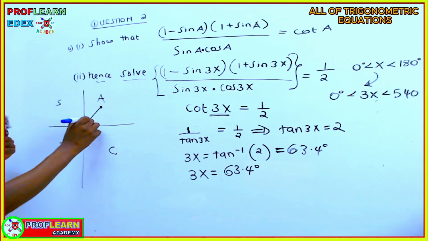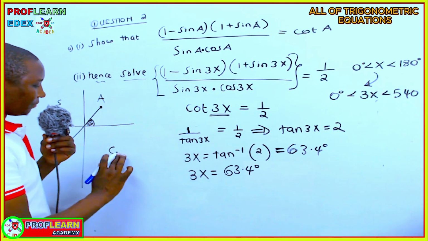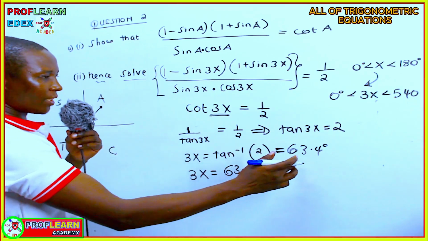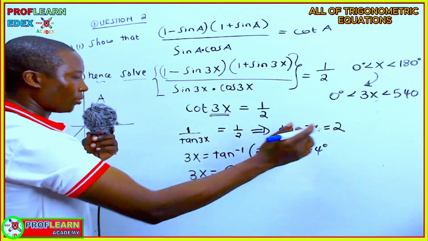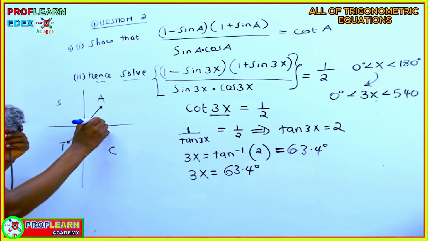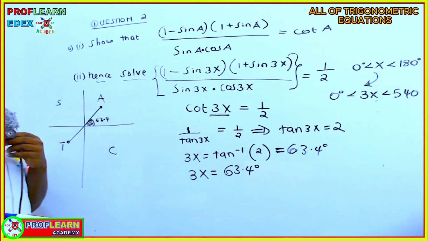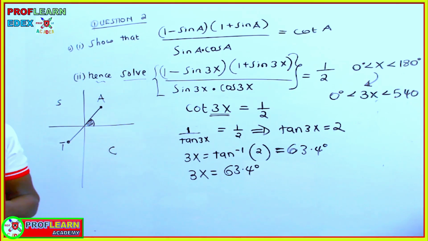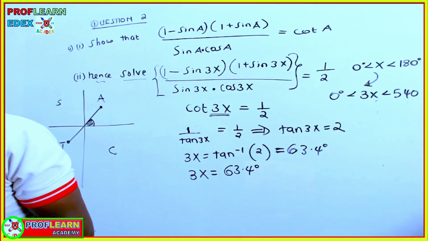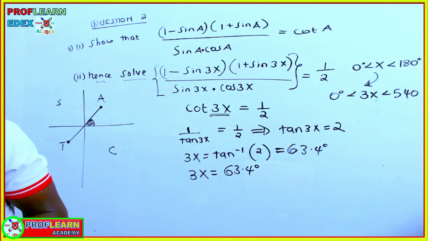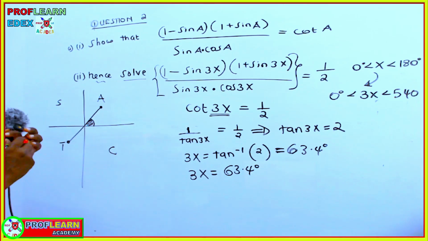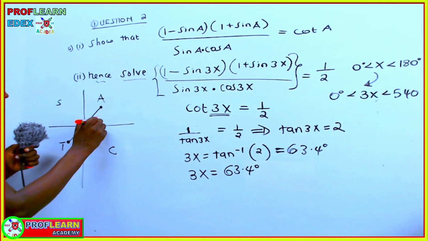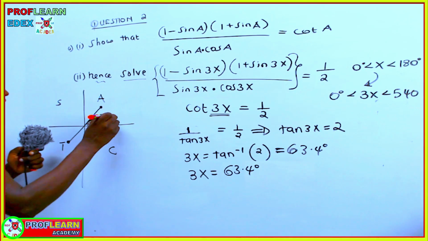If we draw a line joining this point, the first angle that we have worked out after finding the tan inverse of 2 is 63.4 degrees. Let me write it properly so that you can see.